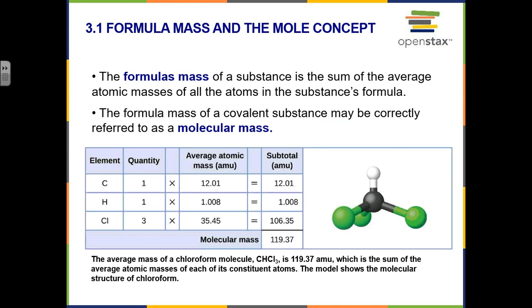Now, I want to begin by extending our information on formula mass and connect it to a concept called the mole concept. Before we connect the dots to the actual mole concept, let's reiterate some of the things we might have discussed prior. First is the formula mass, which refers to the sum of the average atomic masses of a substance, and you can acquire this value mathematically.